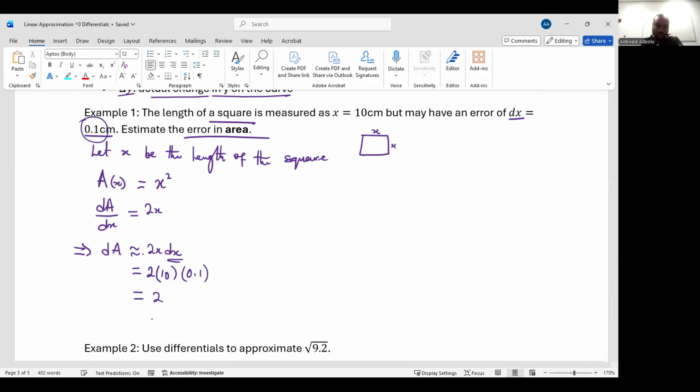So that is 20 times 0.1, which is 2. The unit is square centimeters. So that is the estimated error in the area.